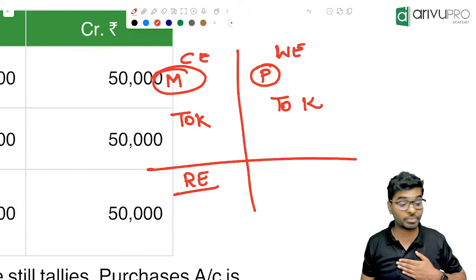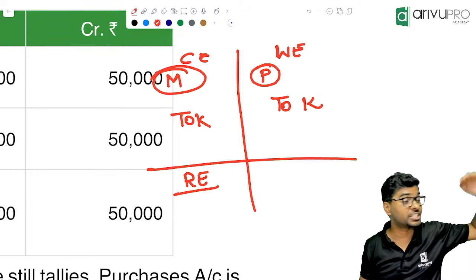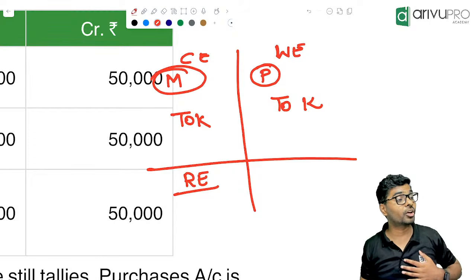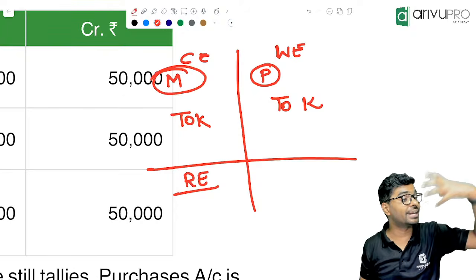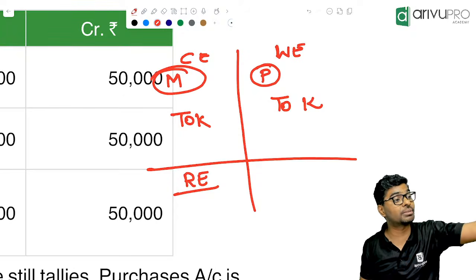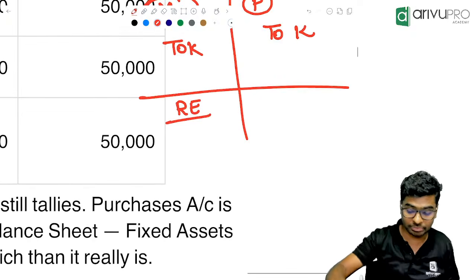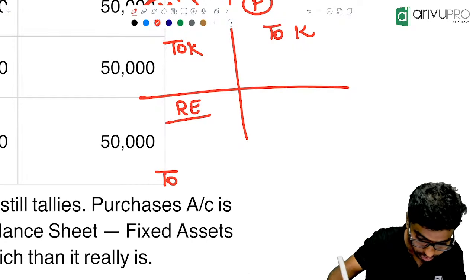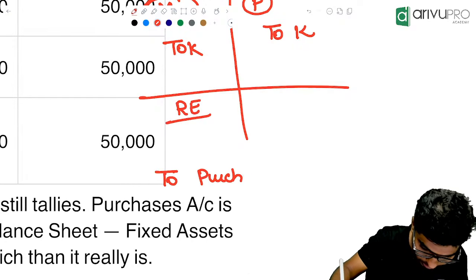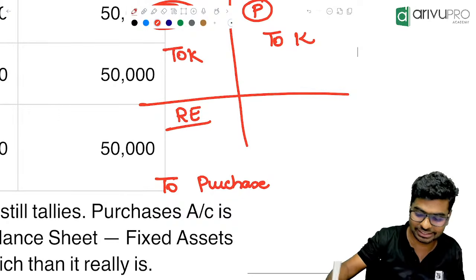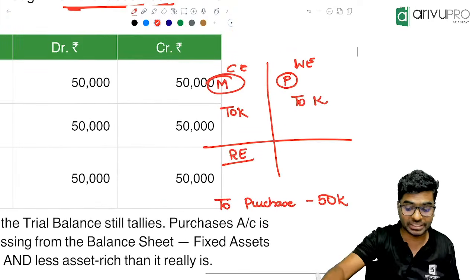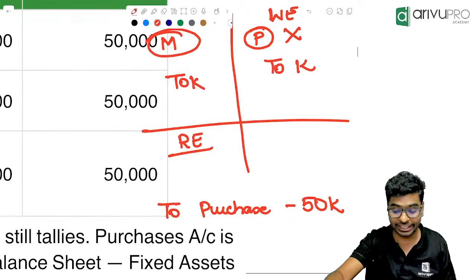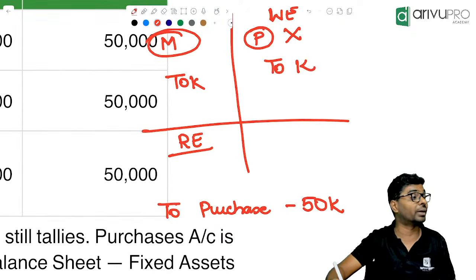I should have debited machinery. Instead of that, whom did I debit? If you have wrongly debited, you will cancel by crediting. So I will write it as to purchase, 50,000. The purchase which was wrongly debited, I cancelled it out by crediting it.